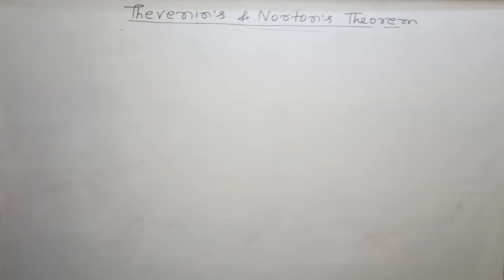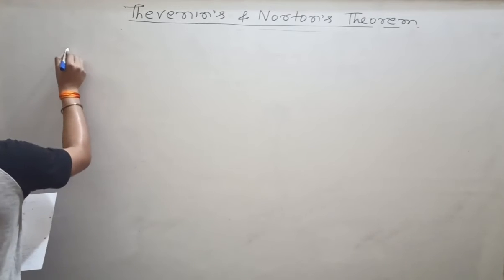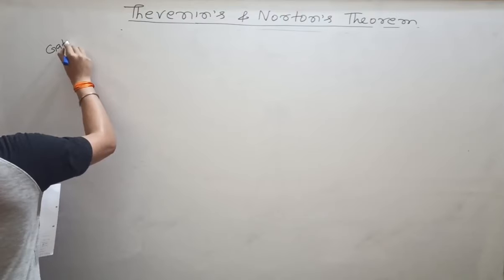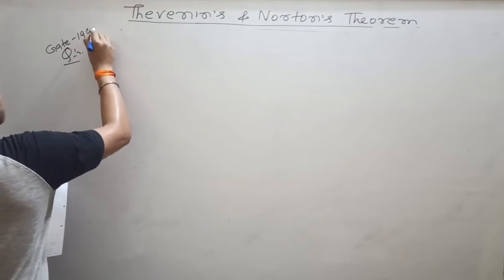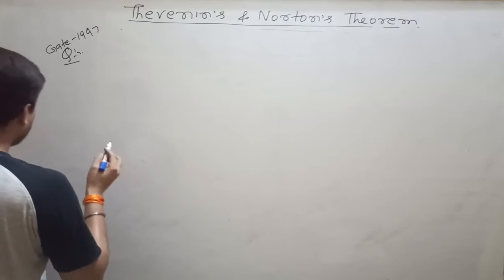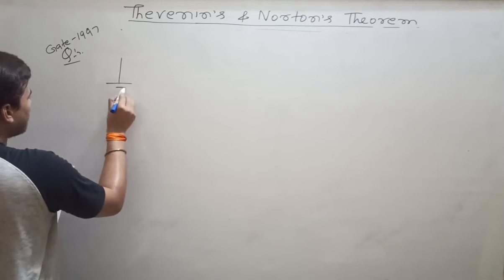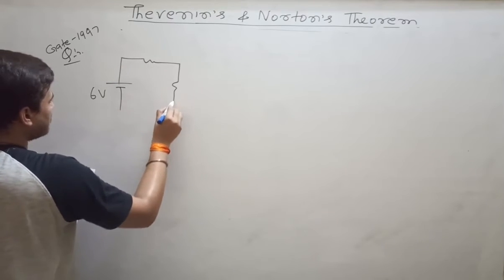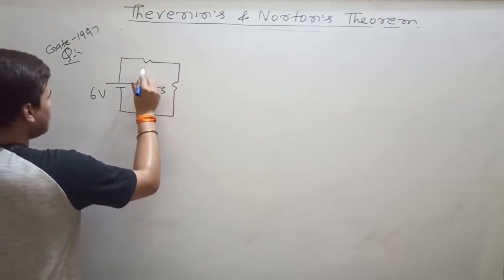So let's have a first question. It was asked in GATE 1997. It is given you are having a battery of 6 volt, resistance 3 ohm. This resistance is also 3 ohm.